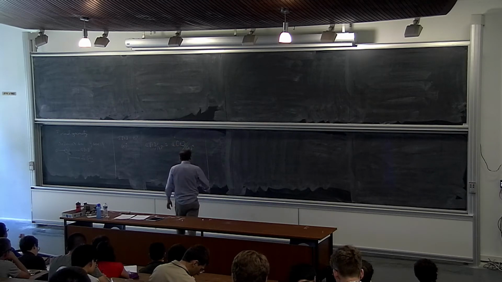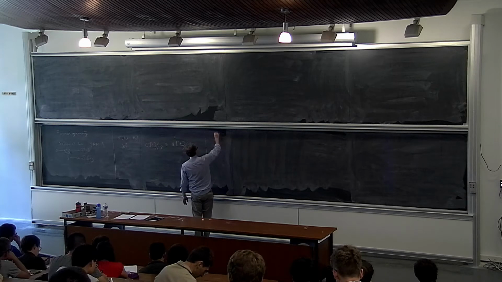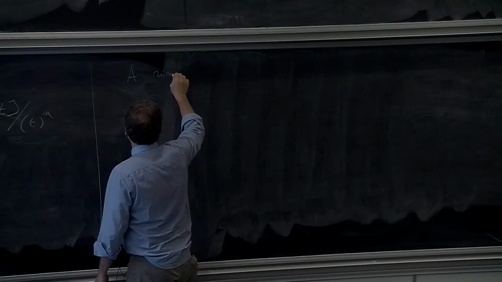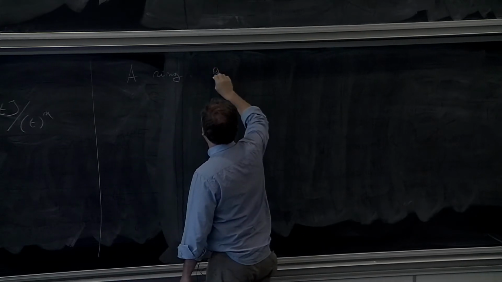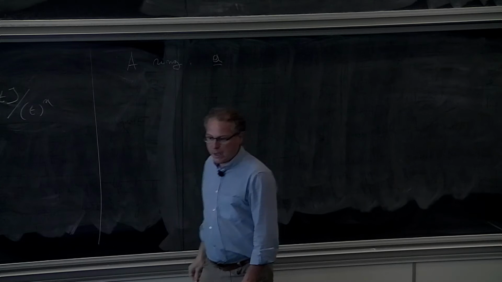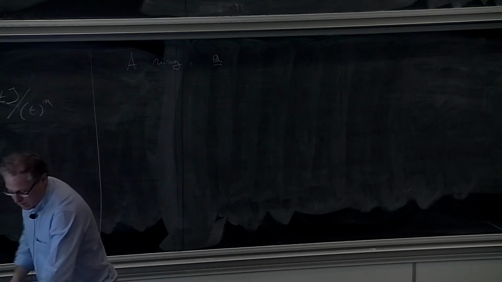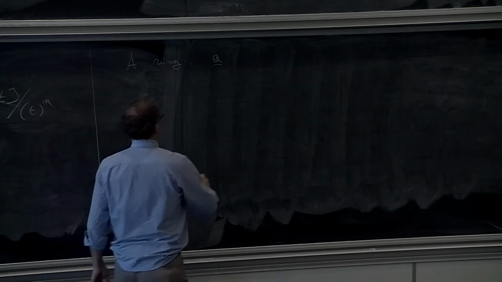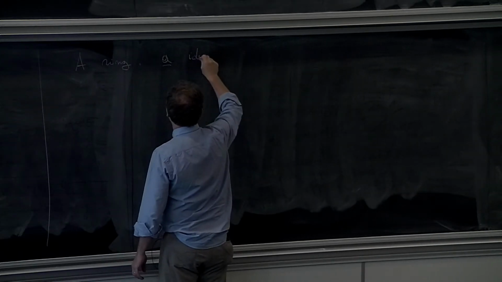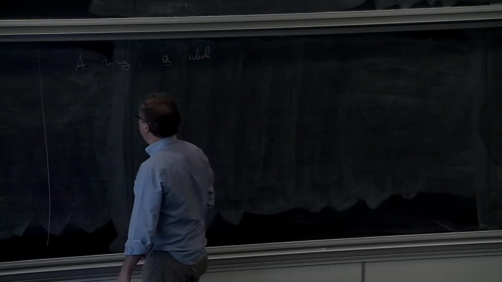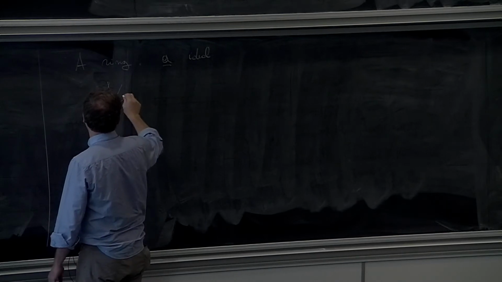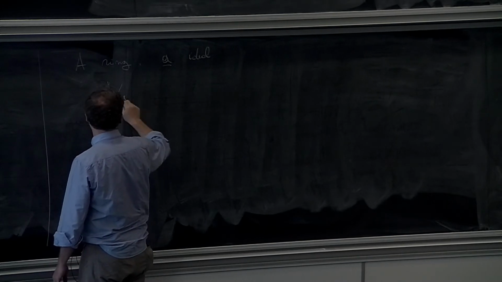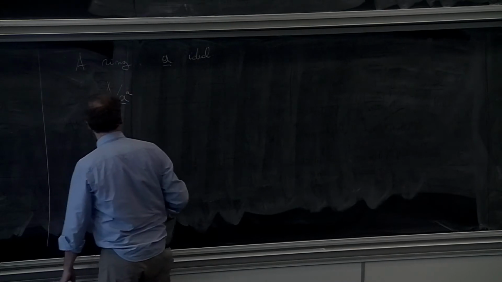So the idea now is take A to be a ring, and 𝔞 be an ideal. And I can look at the rings A divided by 𝔞 to the power n.